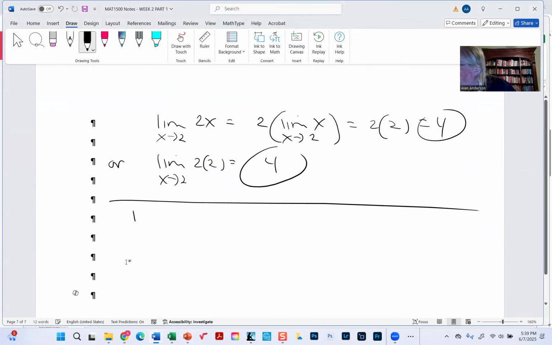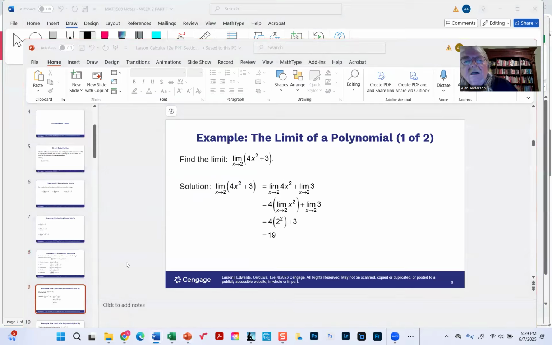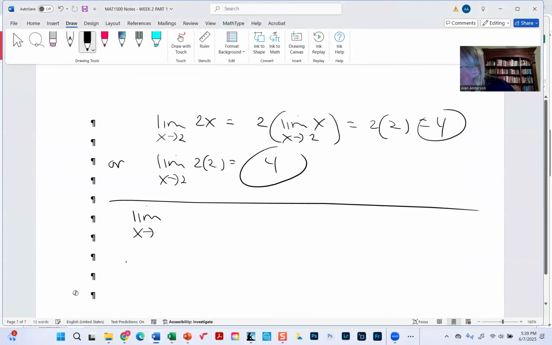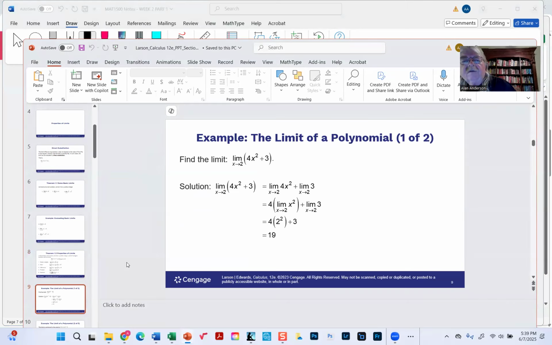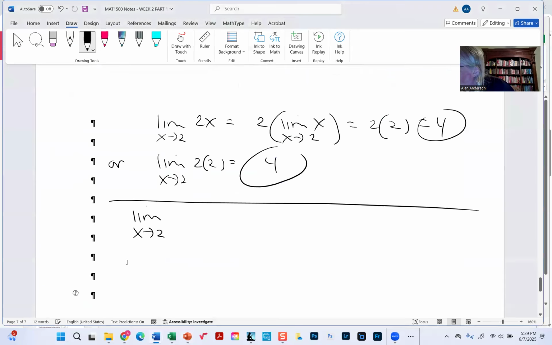For example, the limit as x approaches 2 of x squared plus 3. So here's what you can actually do.